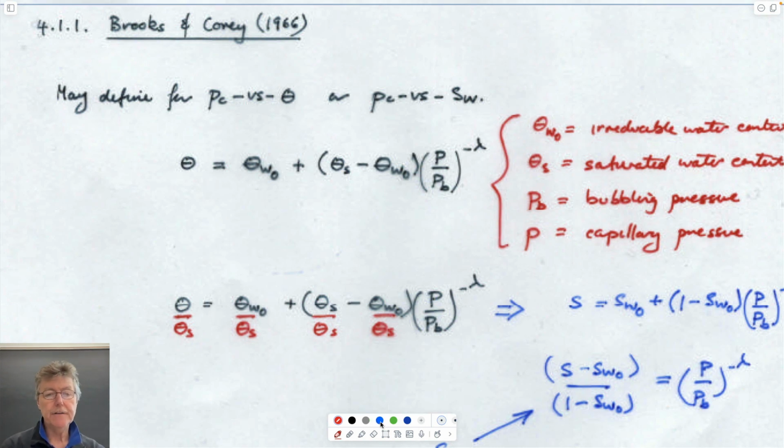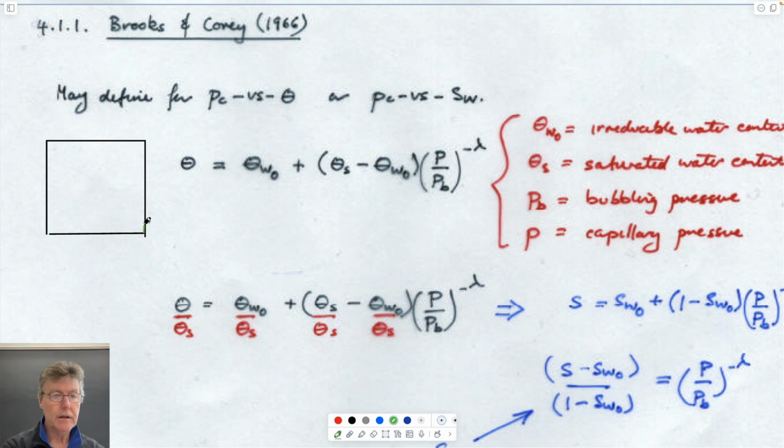If we try and unify things, it might be worthwhile to draw another one of our capillary pressure versus saturation curves. This would be for the vadose zone, so you can think of this as standing on top of the water table as we just drew it, no different. And we can label things again in terms of these characteristics.